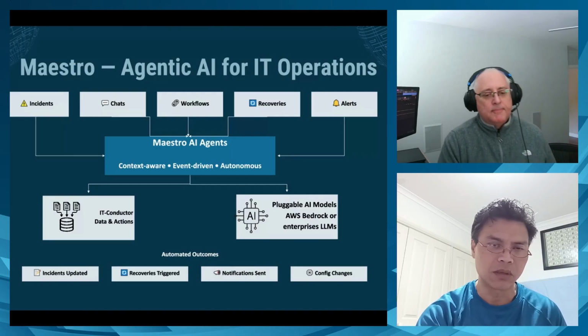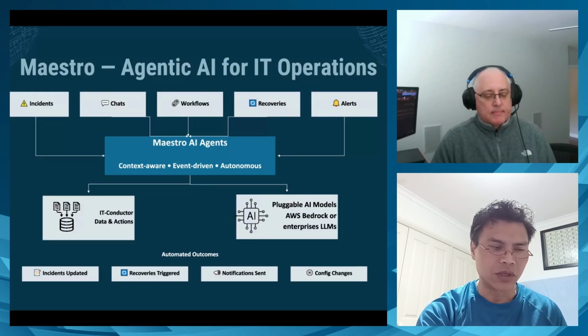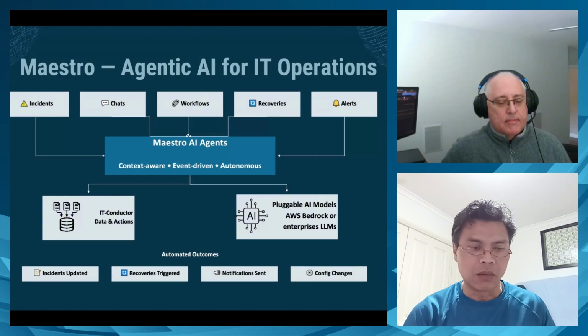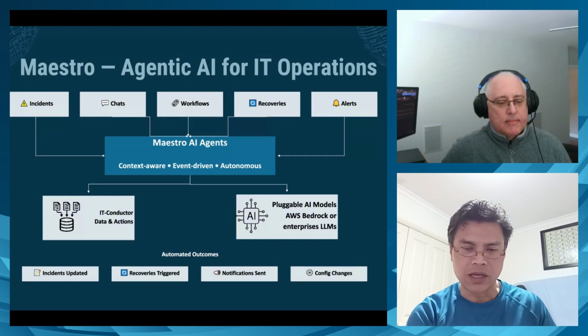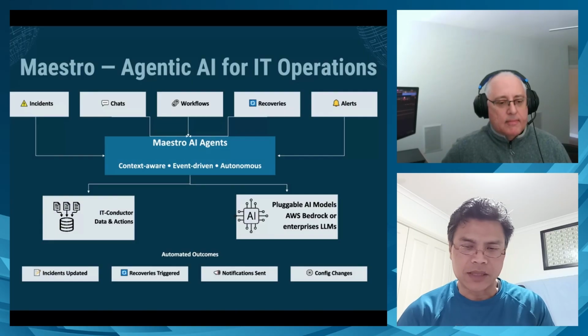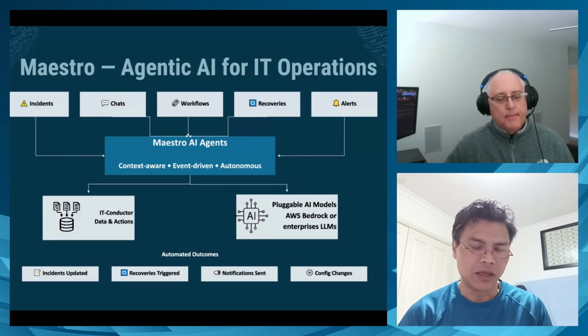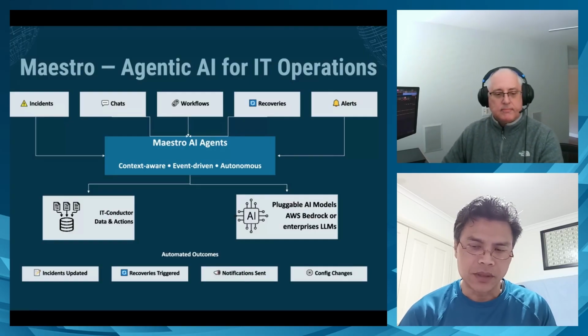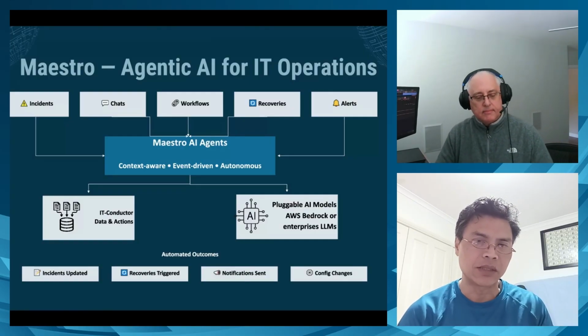At the bottom, we talk about maintaining incidents, triggering recoveries, and then doing a bunch of things, including complex workflows. We're going to cover some cases where it's like a sidekick. It's working alongside a workflow. It's monitoring it, it's initiating it, and it's doing the actual automation actions as well.